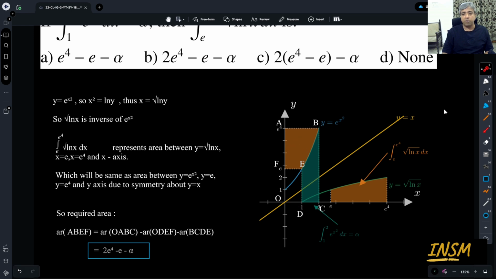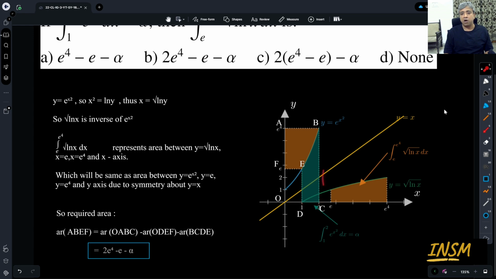This area would be the area of the complete rectangle OABC, from which we reduce this smaller rectangle ODEF, and then we subtract this green part. What will be left is the required area. The area of the complete OABC would be 2e to the power 4, because this length is 2 and this y coordinate is e to the power 4.